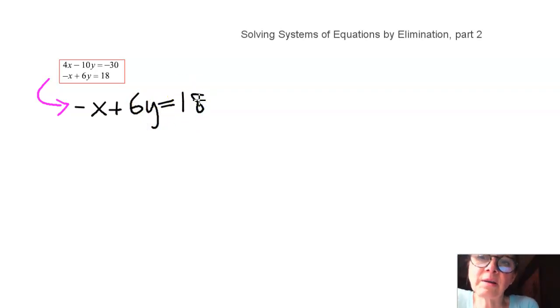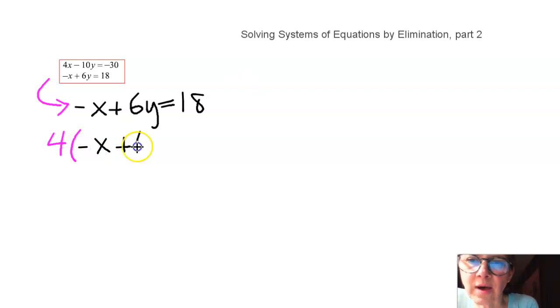I just said I wanted to multiply the whole thing by 4, but I didn't leave myself enough room. So I'm going to do it down here. I want to put that whole thing in parentheses and multiply it by 4: negative x plus 6y equals 18. I want to multiply every single thing in there by 4.